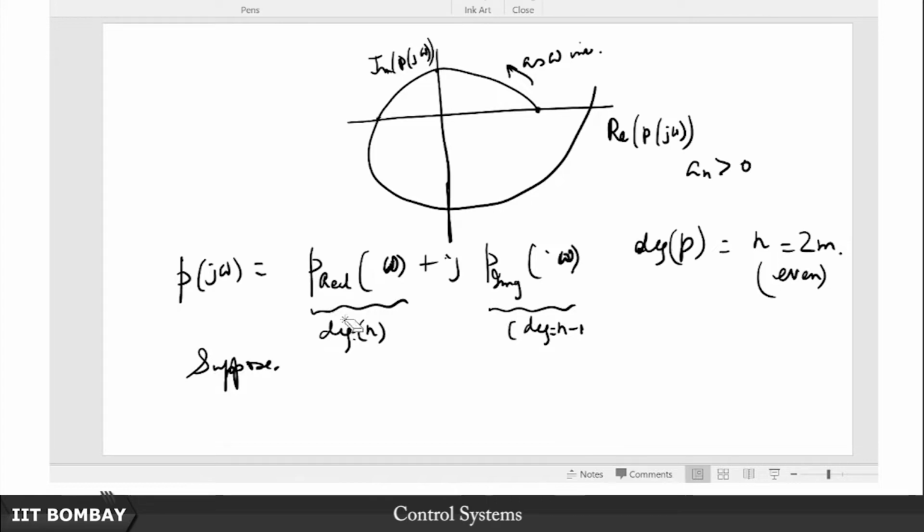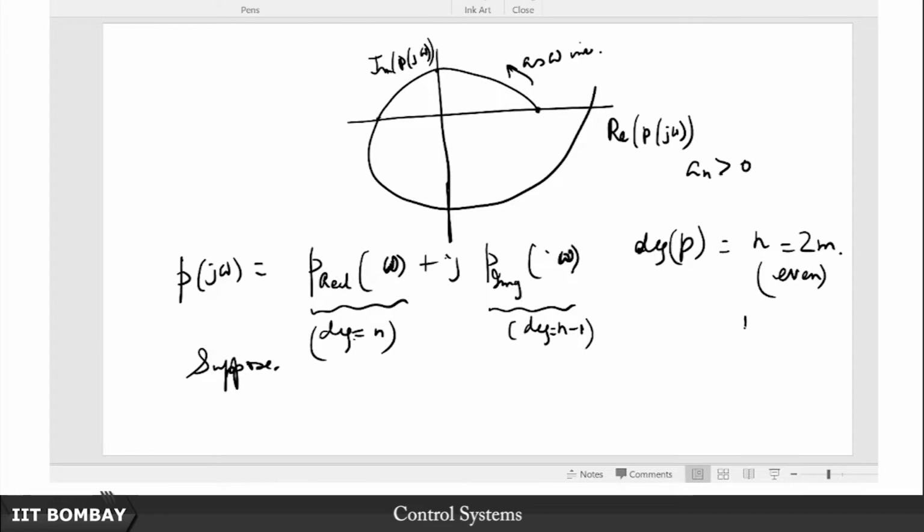I hope you agree with this, right? Because if it is an even degree polynomial, then the highest degree will be even, and that will contribute to the real part only. So the real polynomial has even degree and the odd polynomial has odd degree, which is 1 less than the highest degree. The same thing holds if it is 2k plus 1.